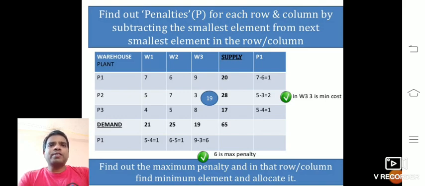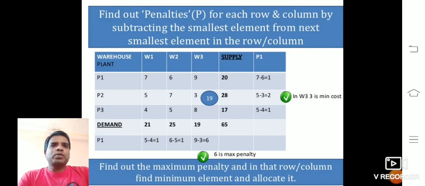See, for example, take the P1 row. Can you tell me which is the smallest cost here? That is 6, and the next smallest cost is 7. So we subtract 6 from 7, 7 minus 6 is 1, so 1 is the penalty.